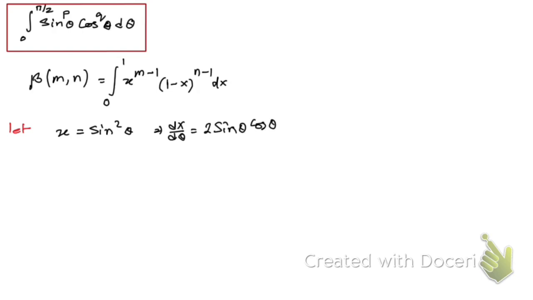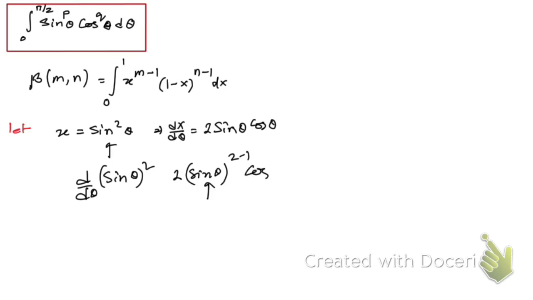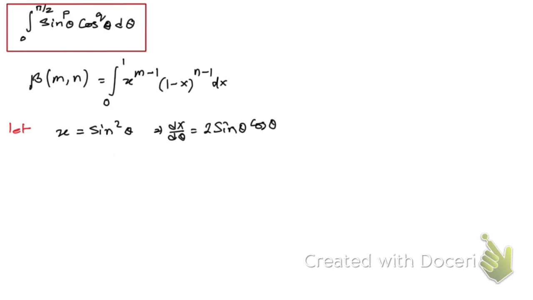This is a function of a function. We consider it as sine theta whole square, and if you differentiate it with respect to theta, it gives 2 into sine theta whole to the power 2 minus 1, and again it is a function of theta, so the derivative of sine theta gives cos theta. Hope you have understood this differentiation, right?